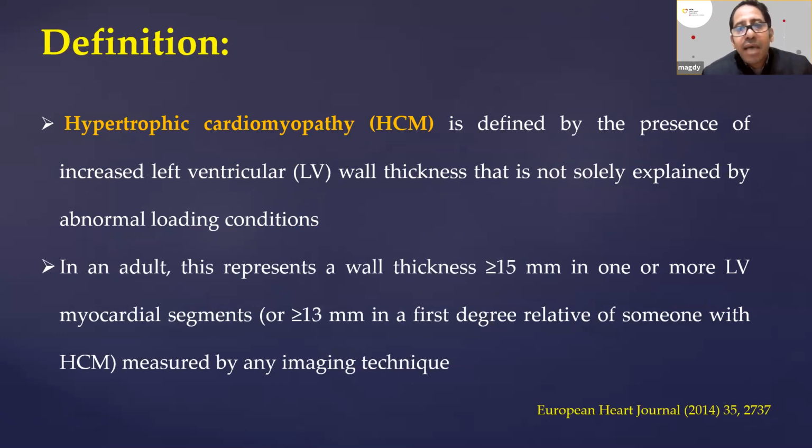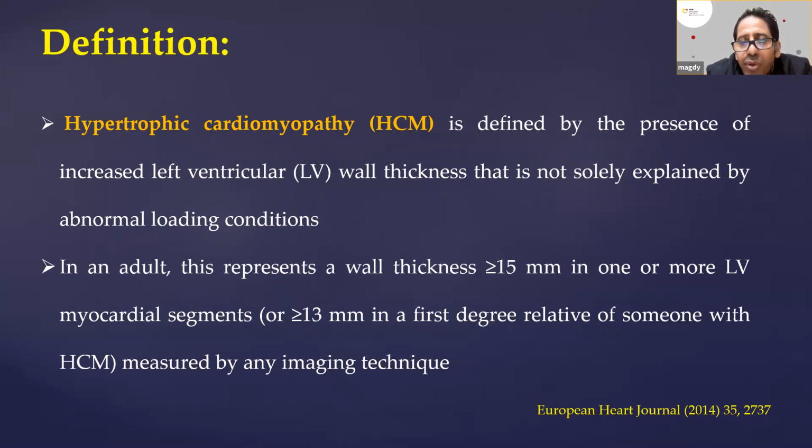So we can say that hypertrophic cardiomyopathy is defined by the presence of increased LV wall thickness, which is not explained by other conditions like hypertension or aortic stenosis.